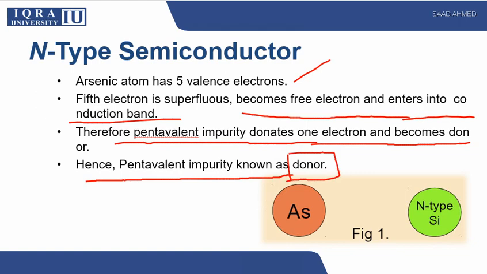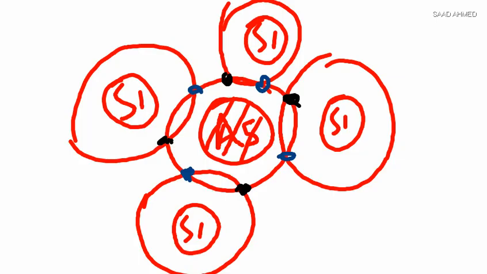Okay, we will look at the structure which can be visualized when we use arsenic, shown here in the middle as the impurity atom, and the 4 silicon atoms on 4 sides of it.